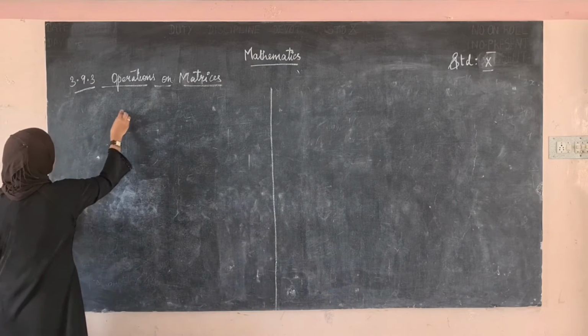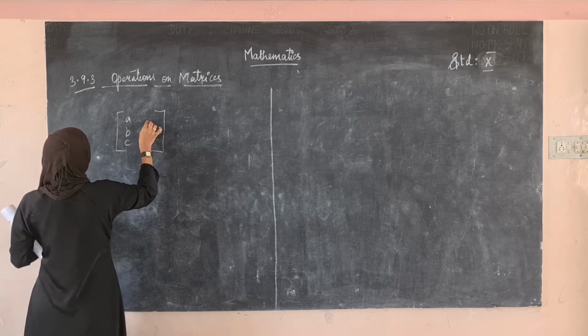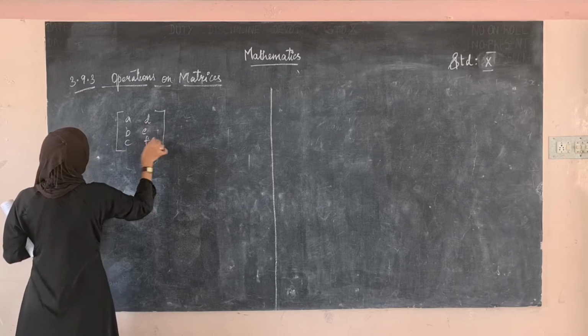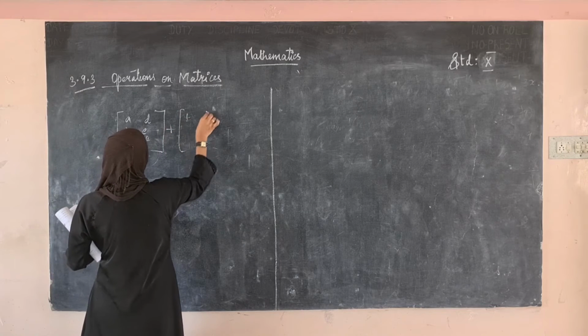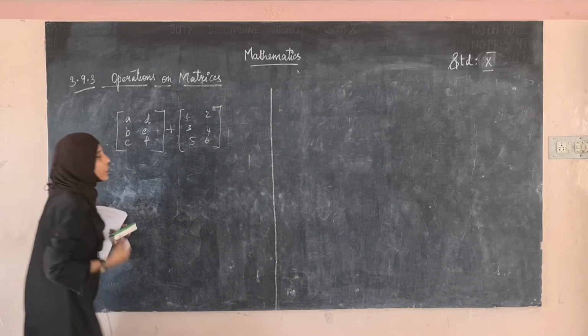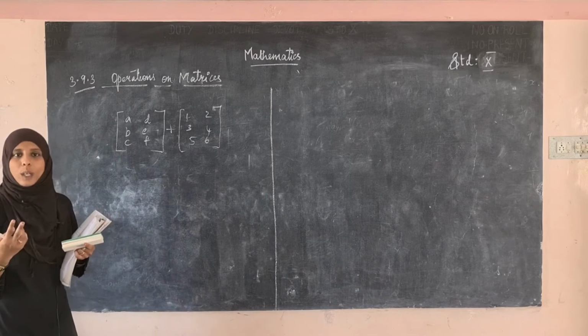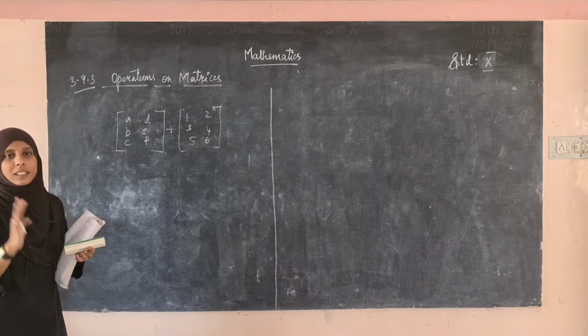See, addition and subtraction is possible only when the two matrices we are going to add have the same order.